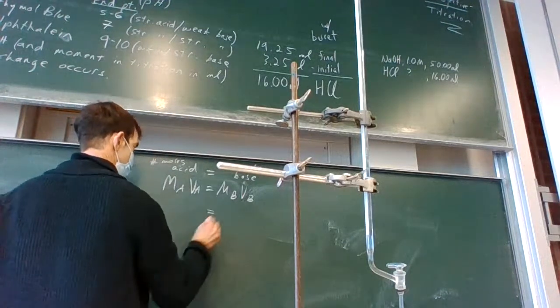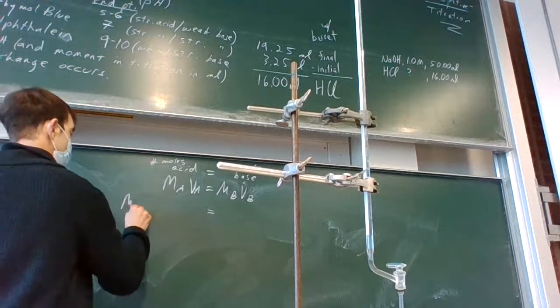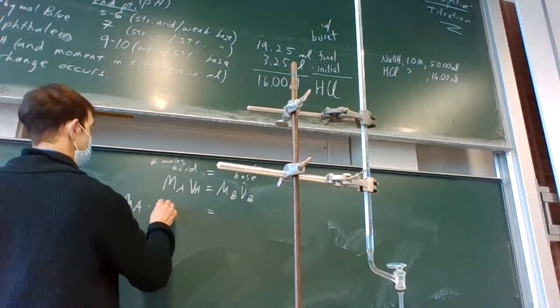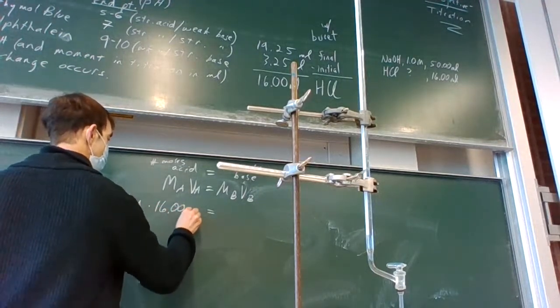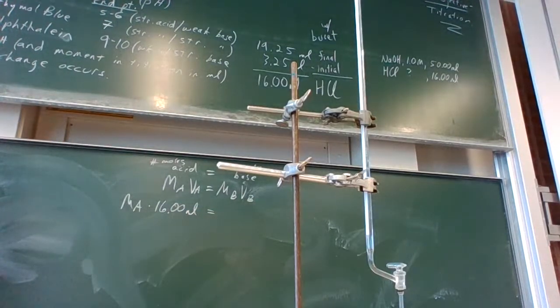So let's throw some numbers in. For my acid, I don't know what the concentration is, but I had 16.00 milliliters. You might say, I don't have to change it to liters. No, not if you keep them both in milliliters.